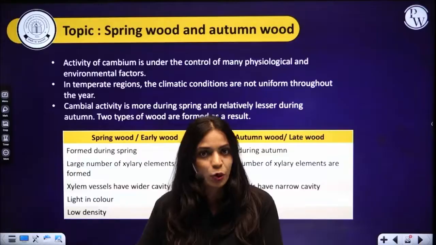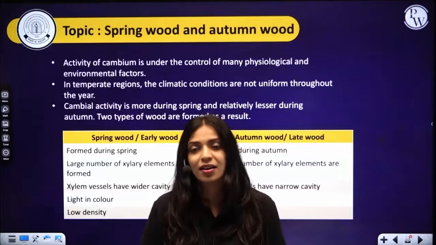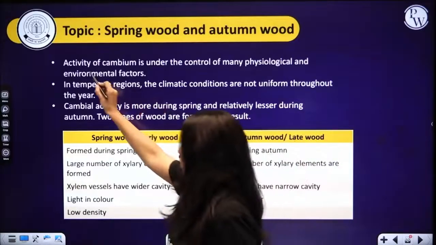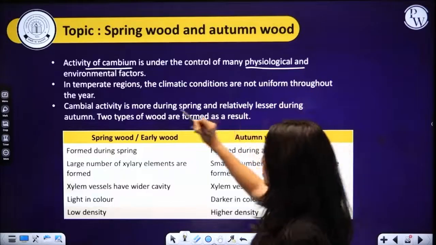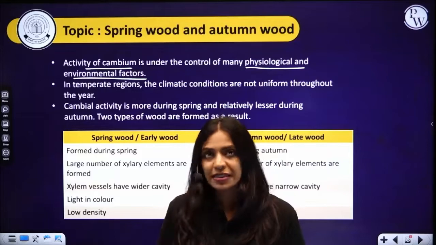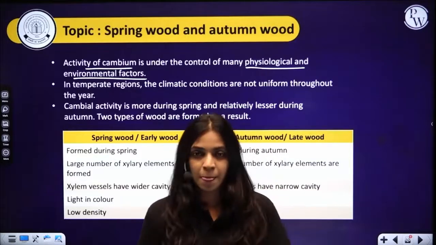There is an extreme cold season, there is an extreme hot season. So seasonal variations are very distinct when it comes to temperate regions. So since the activity of cambium is under the control of so many physiological as well as environmental factors, you do not see the same kind of cambial activity throughout the year.